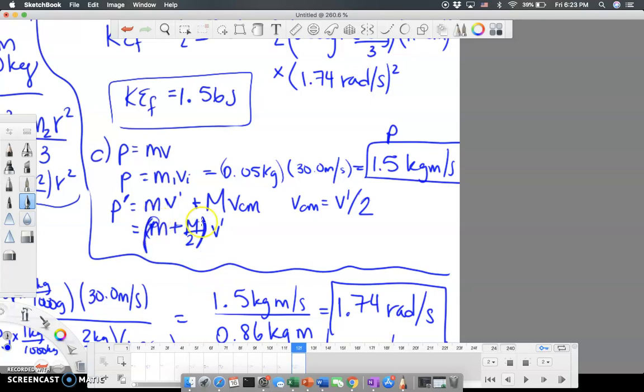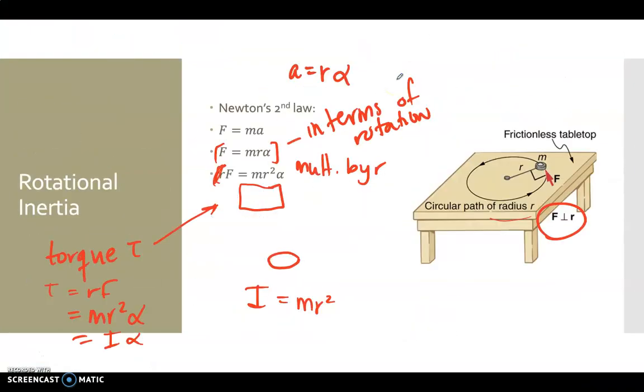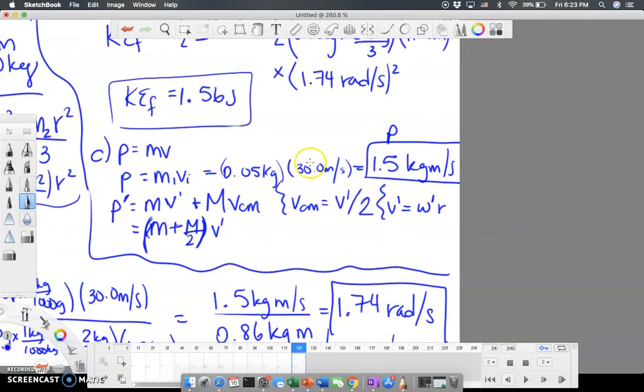And remember that our v prime can be related to omega prime times r. Let me double check that that is correct. Yeah, v equals r omega, so we're good.